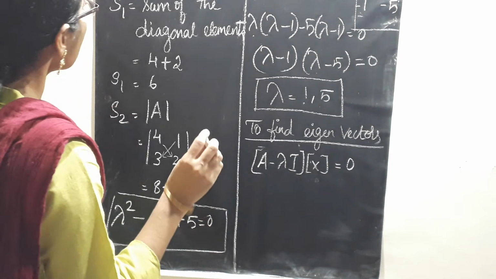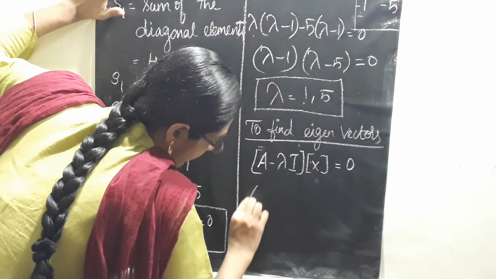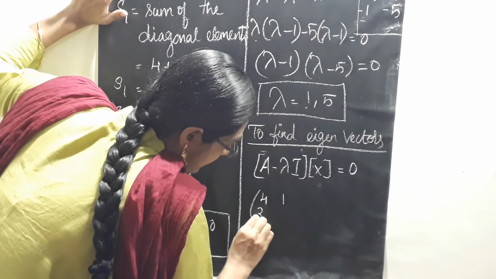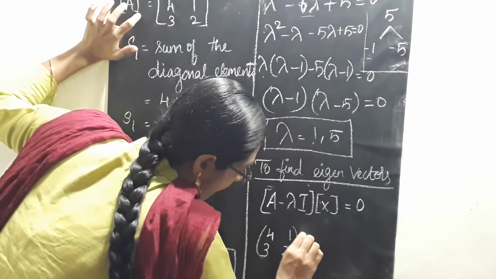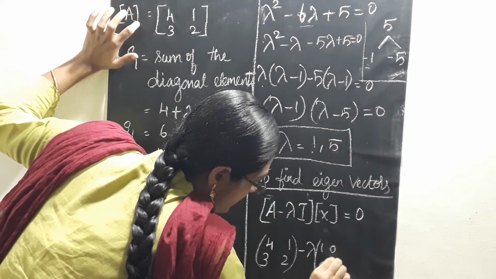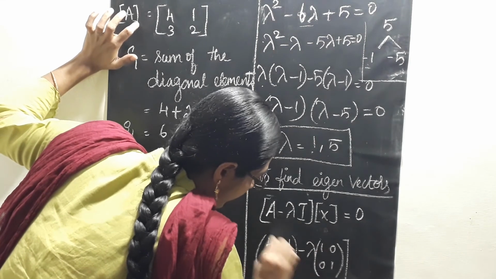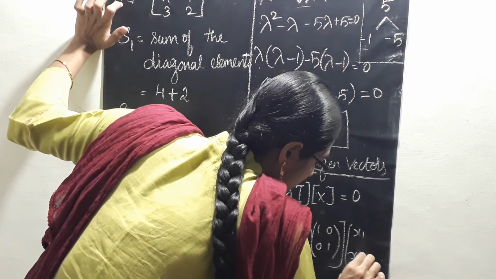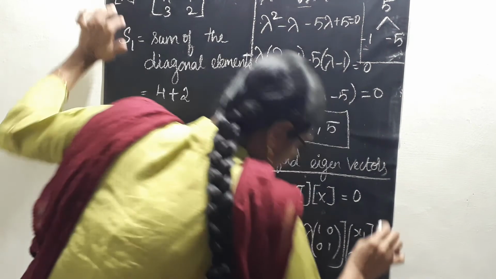So what is our A? Here 4, 1, 3, 2 minus lambda into 1, 0, 0, 1 into x1, x2 is equal to 0.